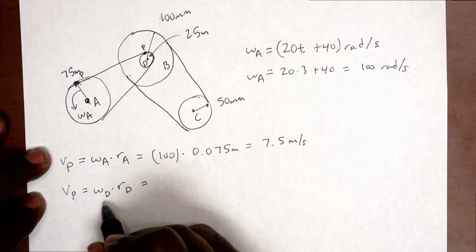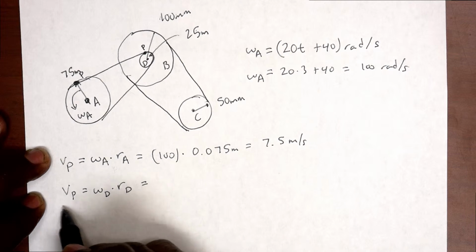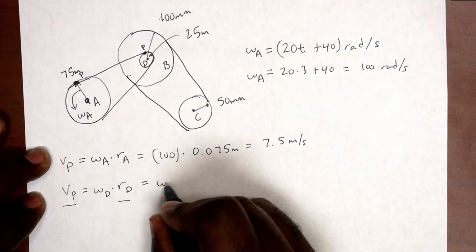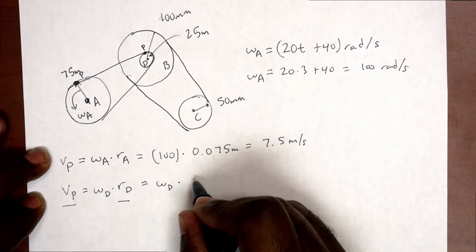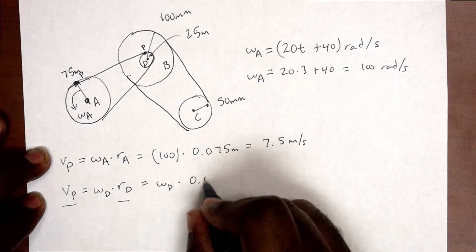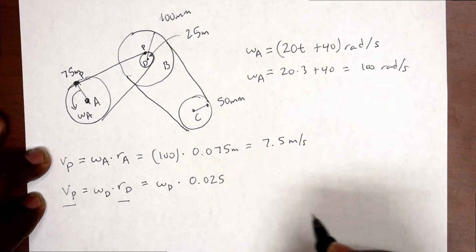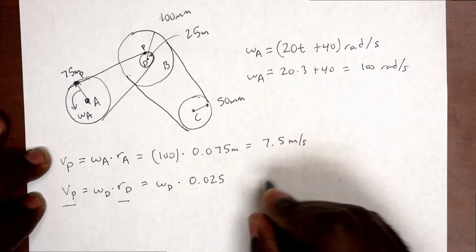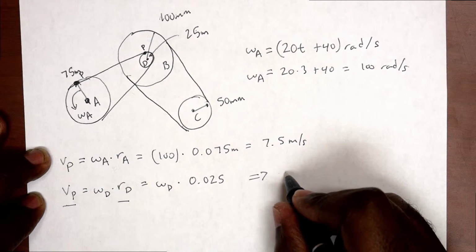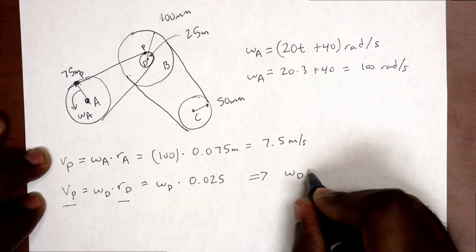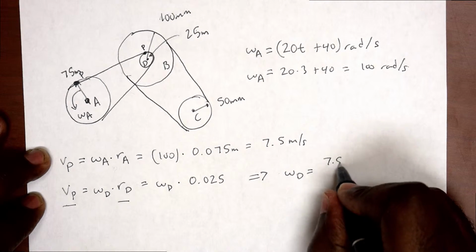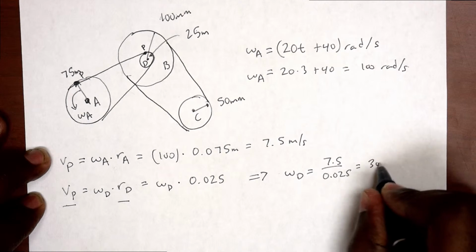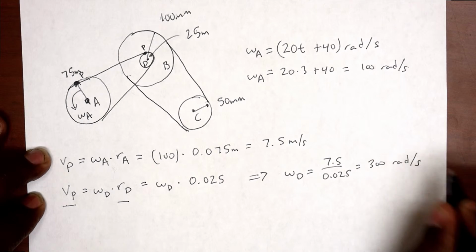So we don't know what omega D is, but we know what VP is and we know what the radius is. So we can say that's equal to omega D times that radius of 25 millimeters, 0.025. So since we know what VP is, 7.5 meters per second, then we can solve for omega D, which is 7.5 divided by 0.025 is equal to 300 radians per second.